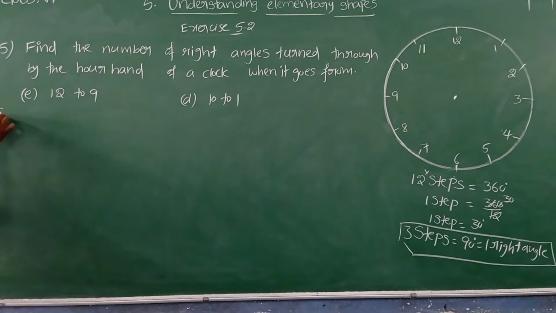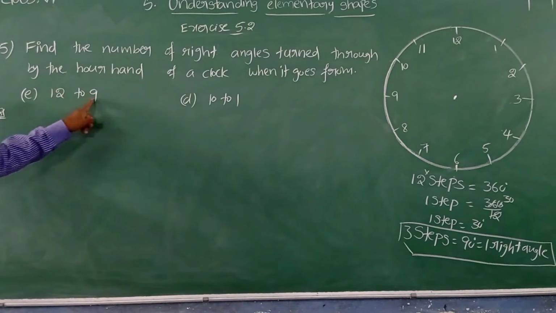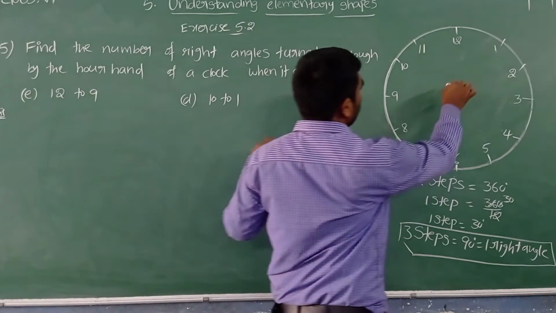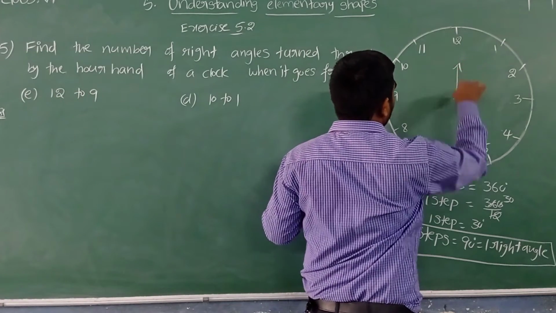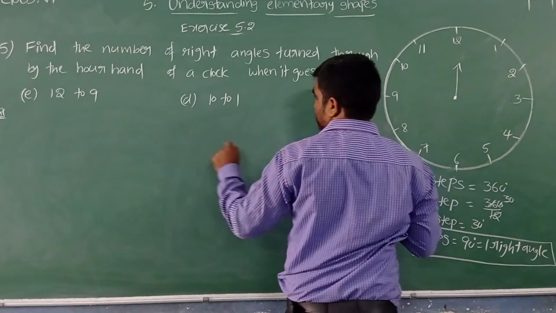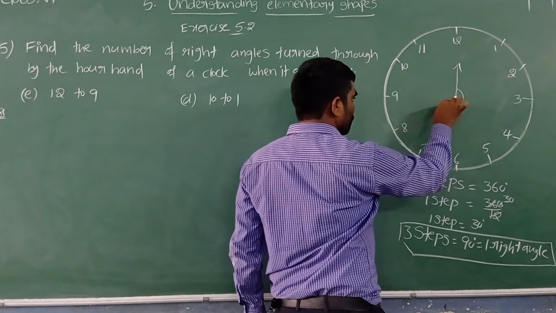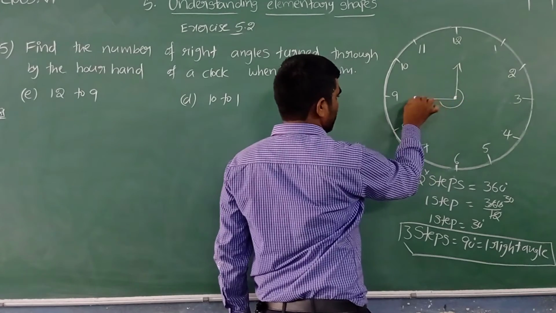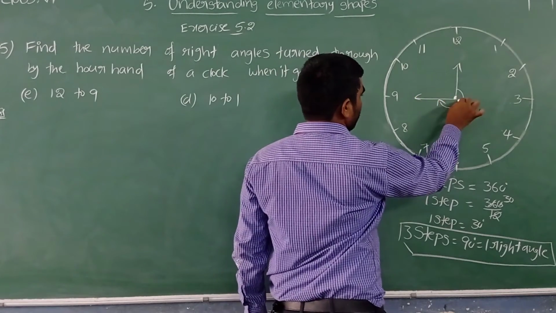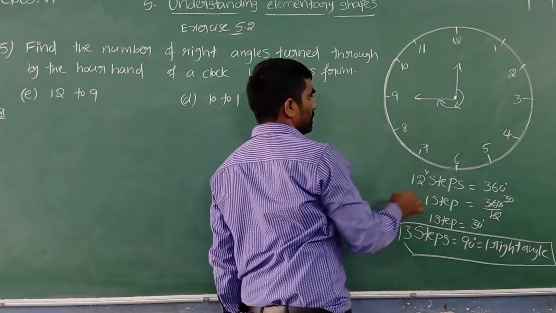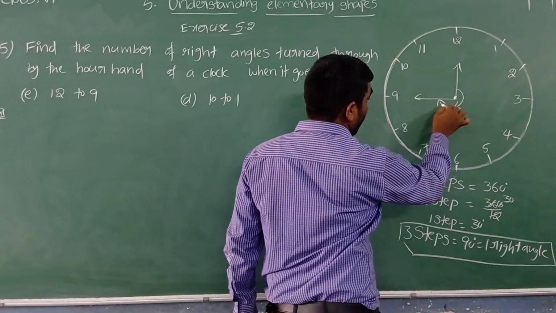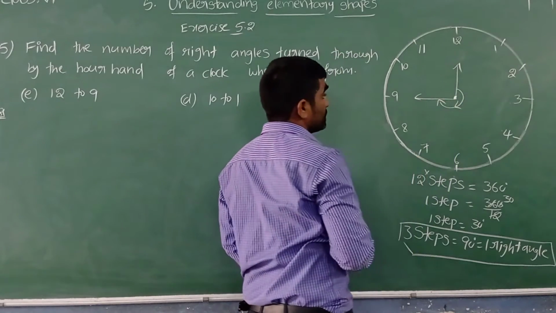Now let's see the solution. How many right angles from 12 to 9? We'll start from 12. No need to mention, we always turn in the clockwise direction only. If I turn clockwise from 12 to 9, how many steps are we going to cover?